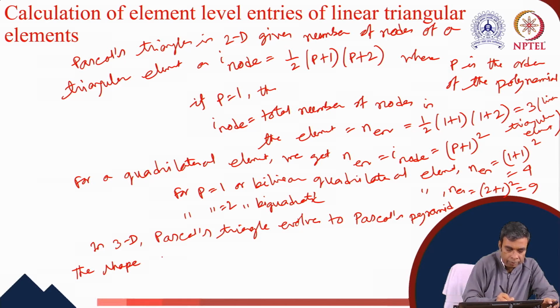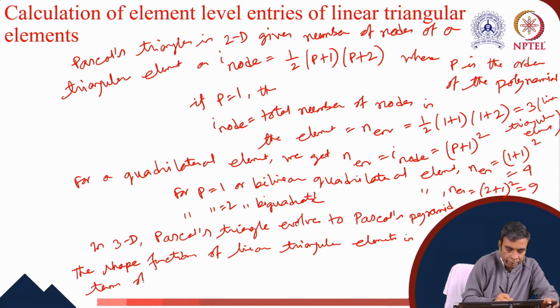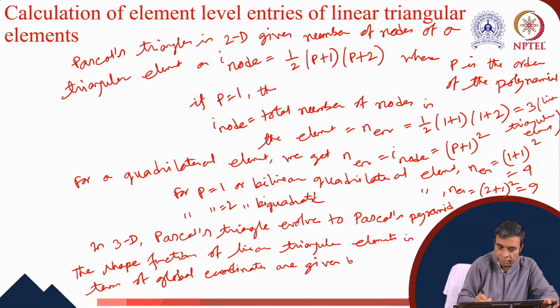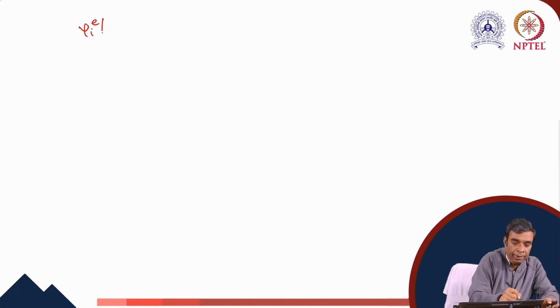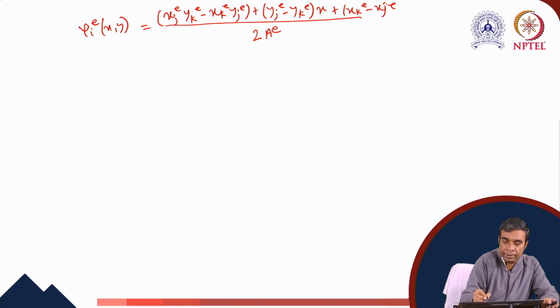The shape functions of linear triangular elements in terms of global coordinates are given by the following general expression: psi ie of x, y equals, at the bottom 2Ae, into x_je y_ke minus x_ke y_je plus (y_je minus y_ke) into x plus (x_ke minus x_je) into y.